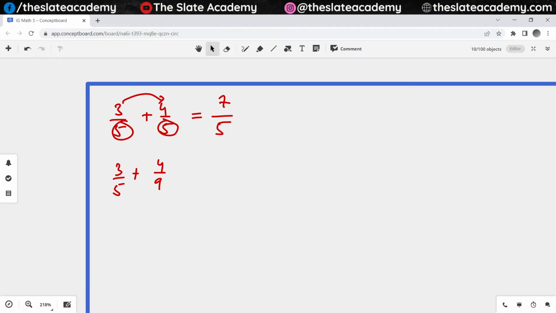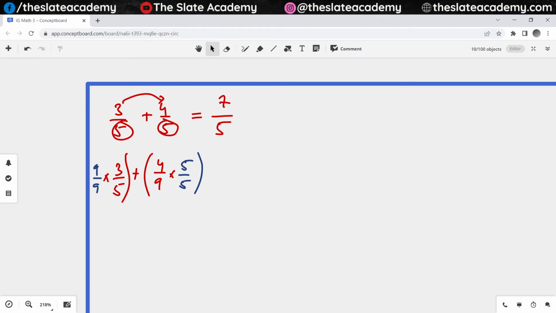So what I will do is, for both fractions, I know that I can multiply each of them with 1 and it wouldn't make a difference, right? So instead of 1, the second one I'm going to multiply and divide with 5. So I'm multiplying the second one with 5 over 5, and I will multiply and divide the first one with 9 over 9.